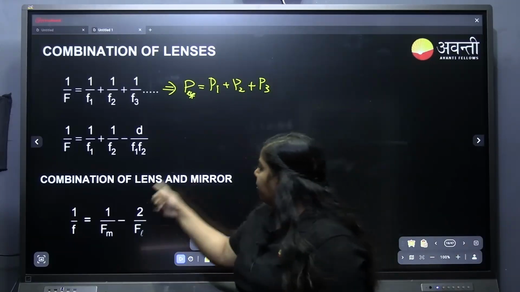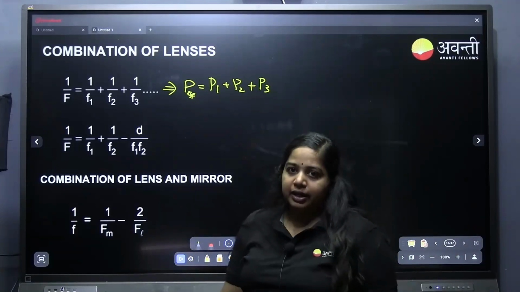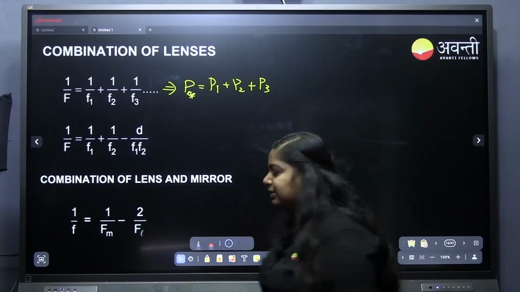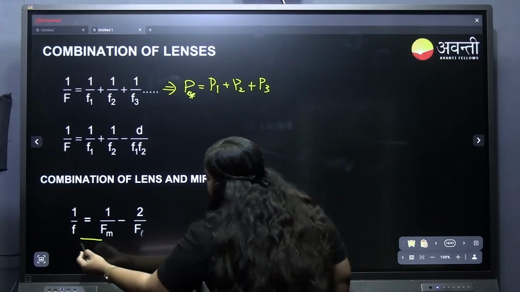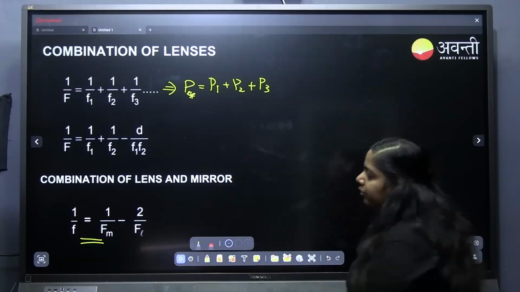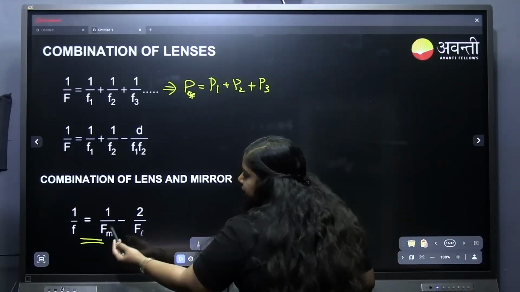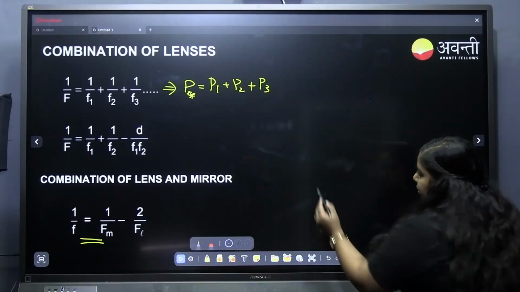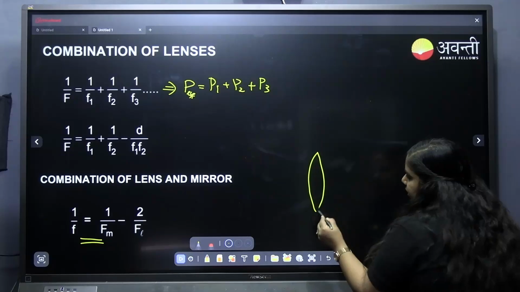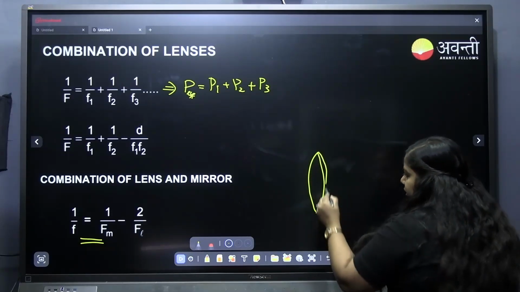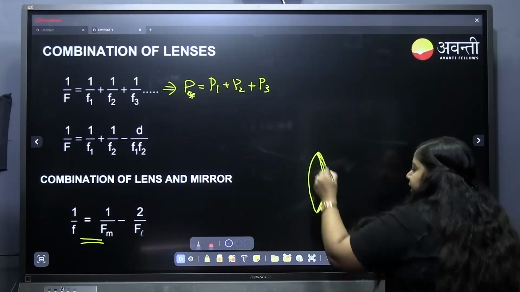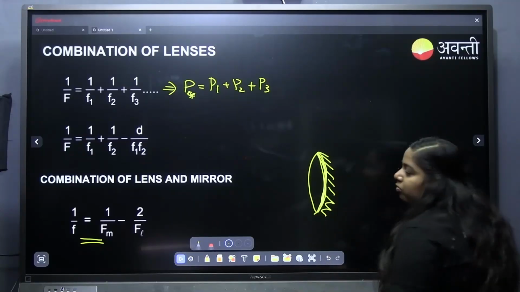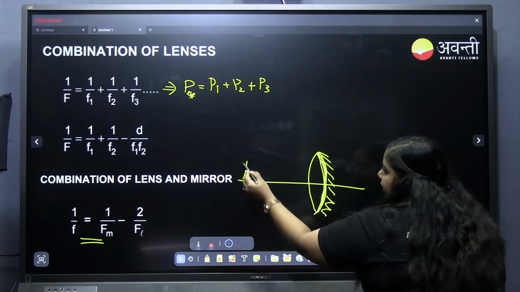Next one, combination of lens and mirror. If a spherical lens and a spherical mirror are kept together, then we have to use this formula: 1 by f equal to 1 by focal length of mirror minus 2 by focal length of lens. Why? Because let's say this is our lens and this side is the mirror. What happens when a ray comes?